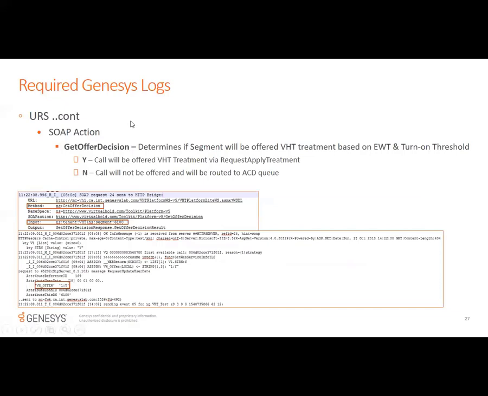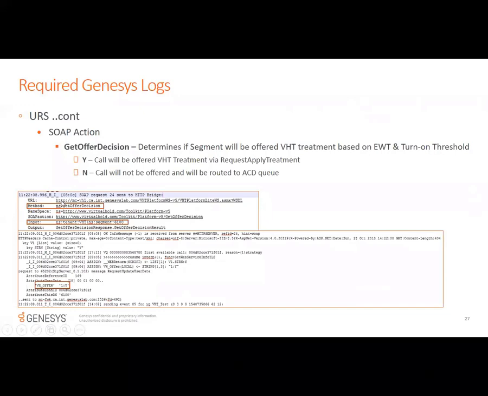I talked a bit about the SOAP action already, but here is an example of the get offer decision, or the SOAP request that's sent from URS to Virtual Hold to determine if a call should be offered treatment. Here you see the SOAP request go out. The method is get offer decision.